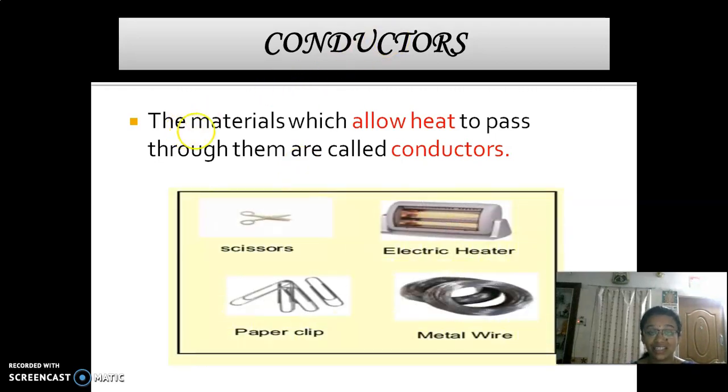Look at the scissor. If you heat one end of the scissor, the other end also gets heated. Paper clip, metal wire, the same. Which wire is used for transferring current, children? Yes, copper wire. Copper wires are good conductors of electricity.